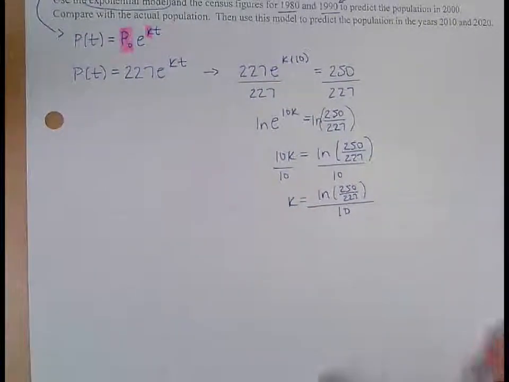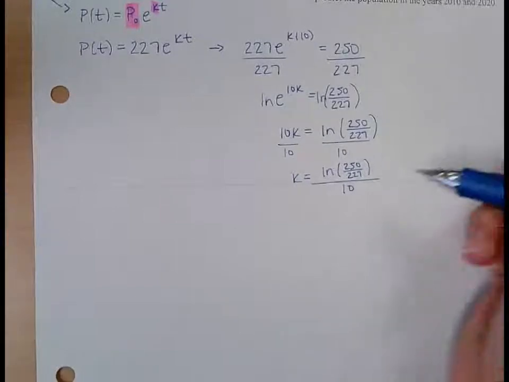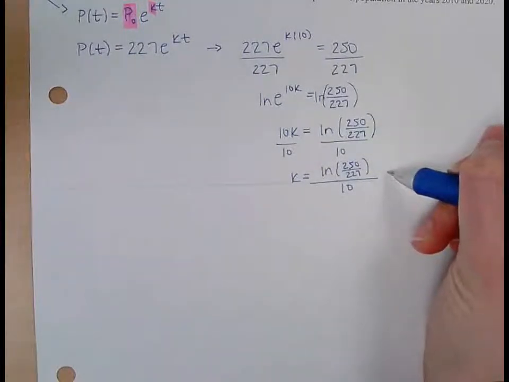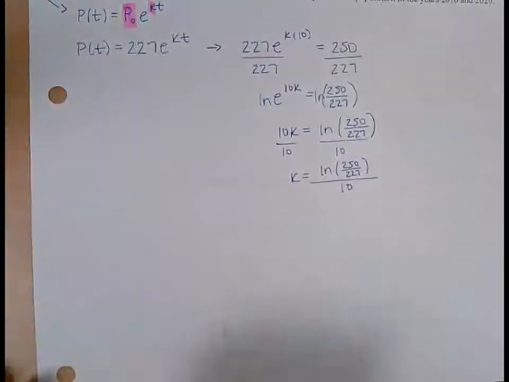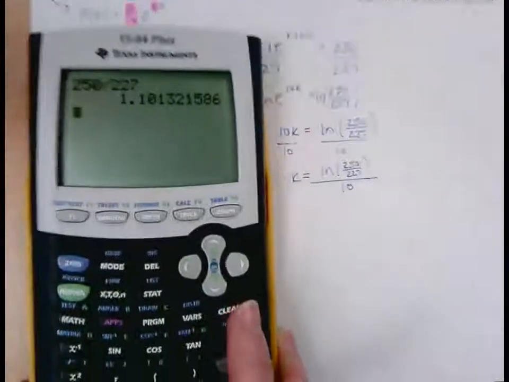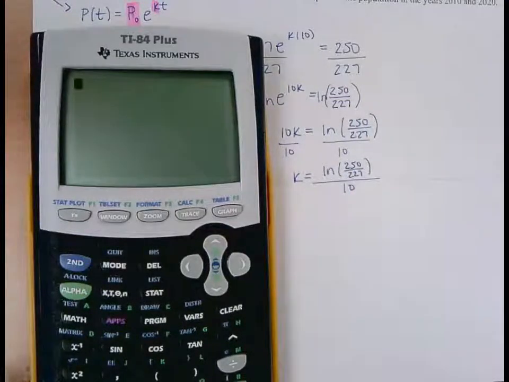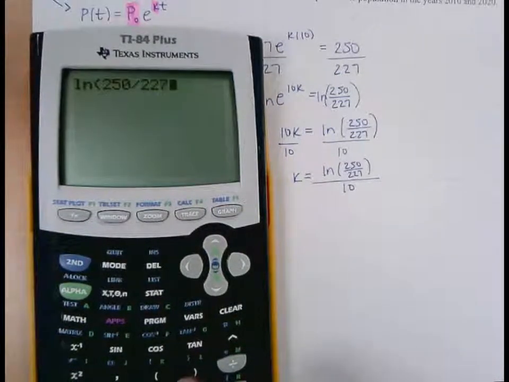Now what you could do, so that you don't have to type this in later using it in your function, is you could store that value on your calculator. So calculate what this would be, natural log of 250 divided by 227 divided by 10.